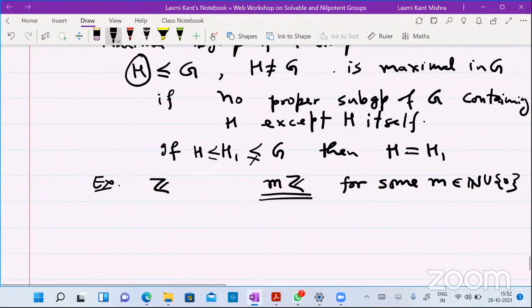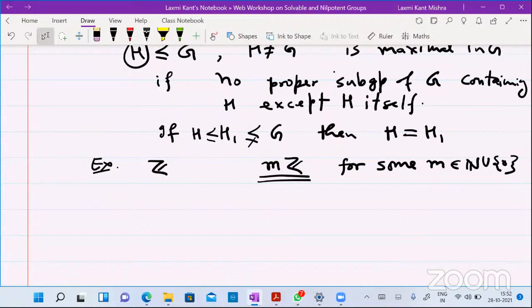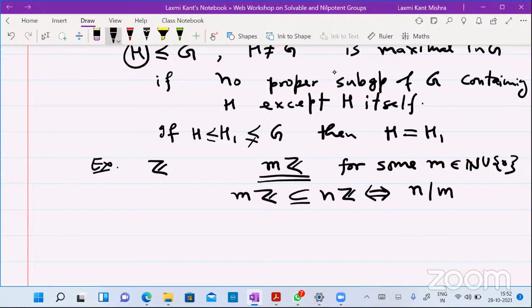If there are two subgroups like MZ and NZ, then MZ is contained in NZ only when N divides M.